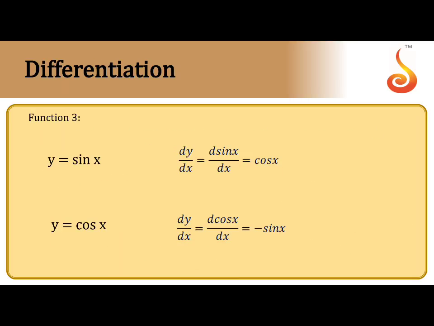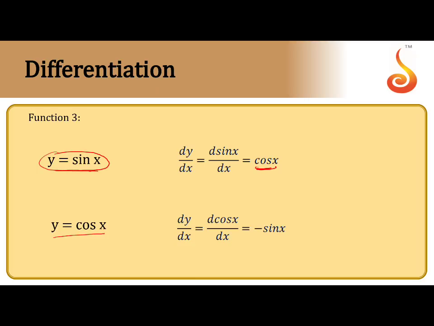We will now go to the third and the last formula for today's discussion. y equals sin x, y equals cos x. If you differentiate sin x, the answer will be equal to cos x. How did you get that? You will get to know in mathematics. But for now, understand this is a standard formula.